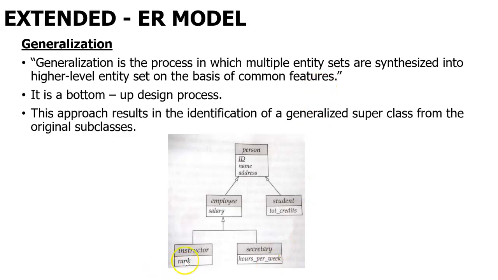See the example here. We start from the instructor. The instructor is an employee, and the employee is first a person. So moving from down to up, from the bottom to the top, this is called generalization, the exact opposite of specialization.